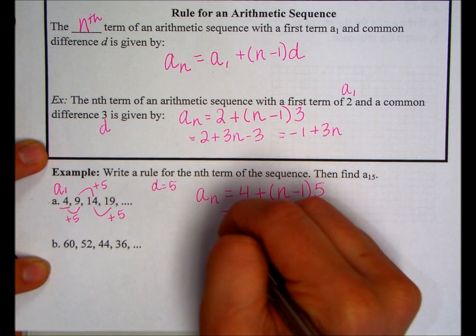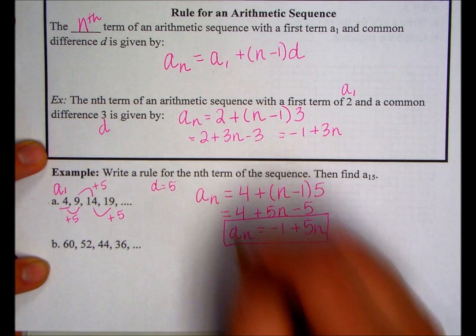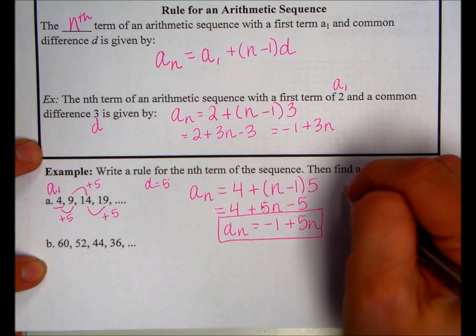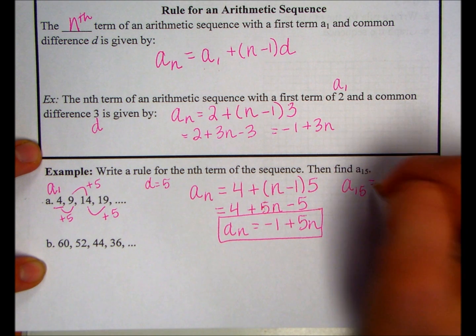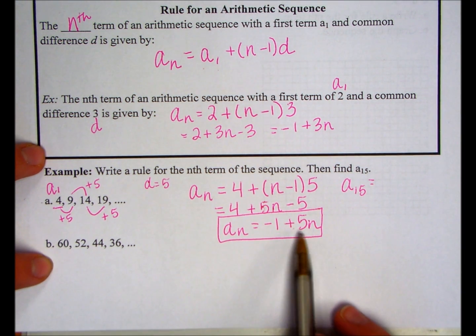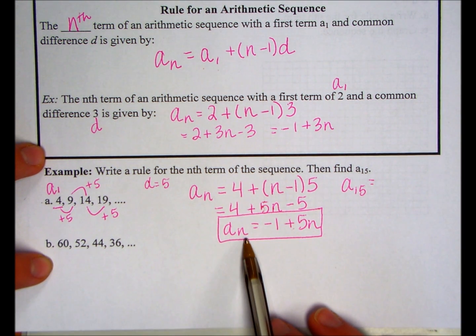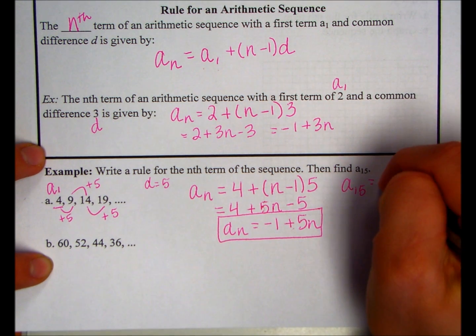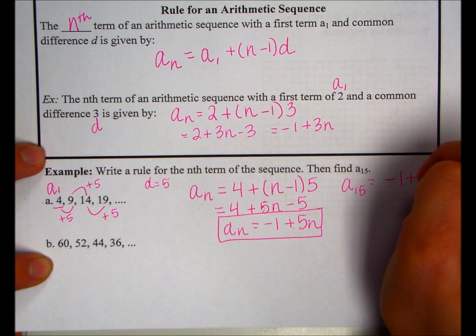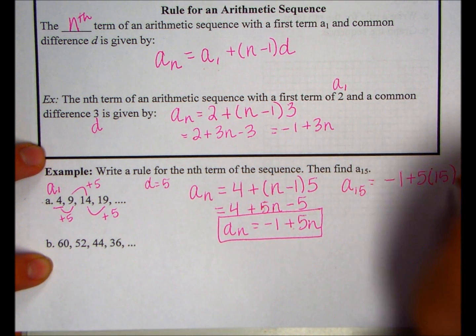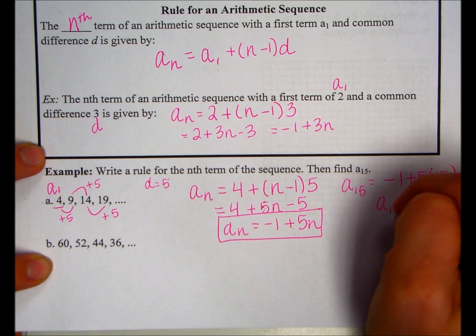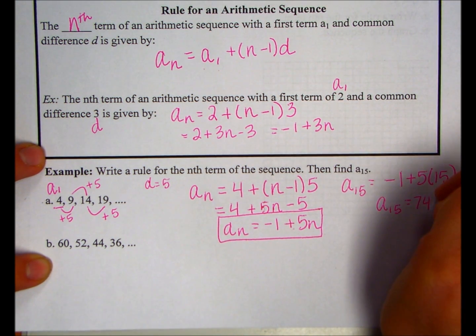And this would be my rule. Now they asked me to find a sub 15. All I'm doing here now is instead of n, I'm replacing n with 15. So negative 1 plus 5 times 15, that's going to give me a sub 15 equals 74.